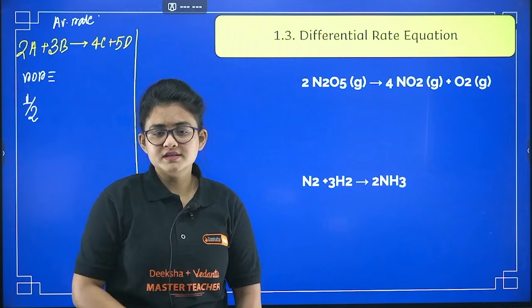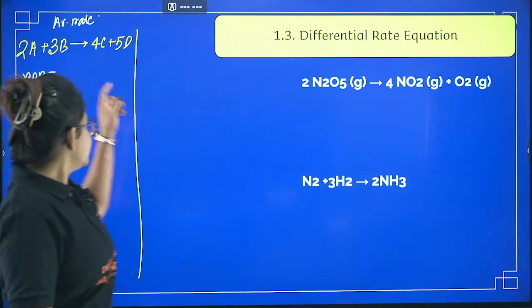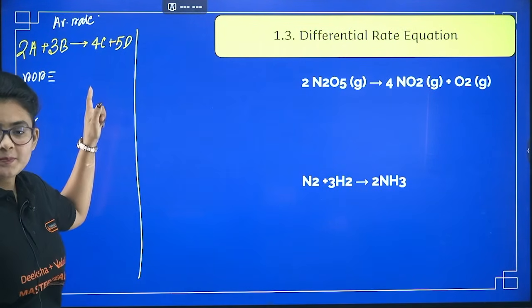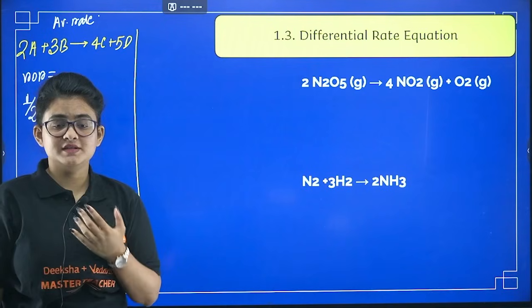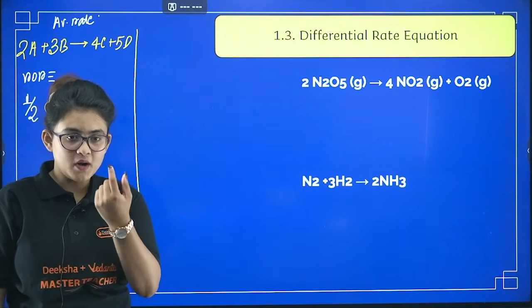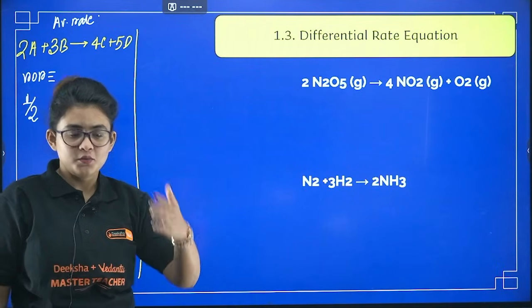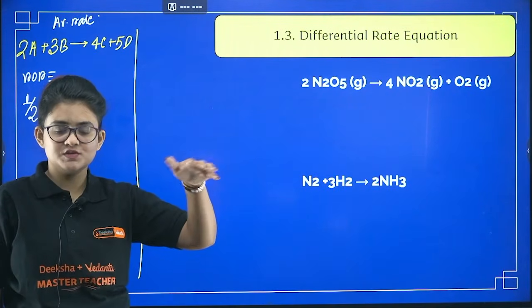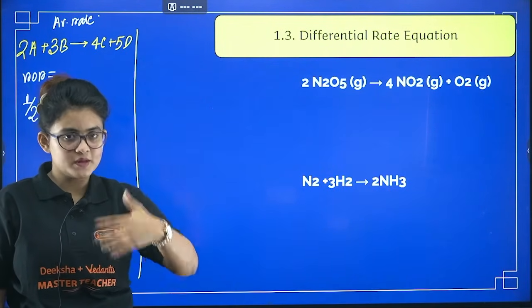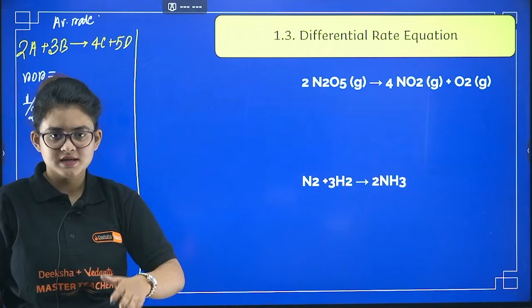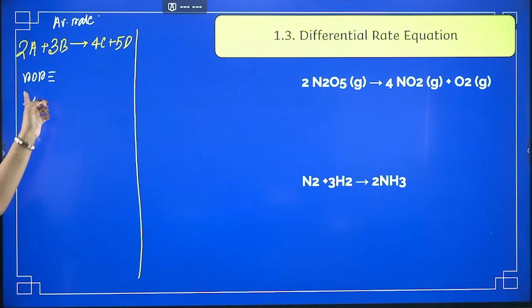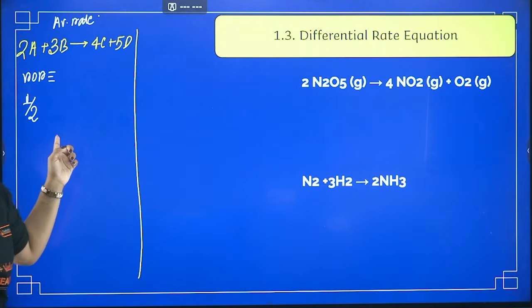Why this? Because you are doing it with respect to 2 moles of A, but I need the rate with respect to 1 mole of A. So how do we do it? 1 by 2, like that. Let's say x moles are there, so for 1 mole, how do we do it? 1 by x, right? That's the reason the stoichiometry is divided.